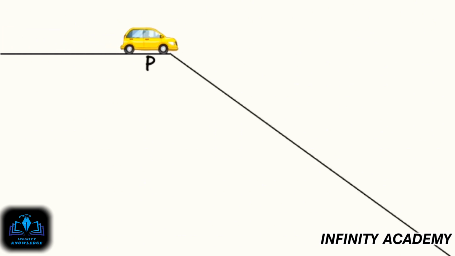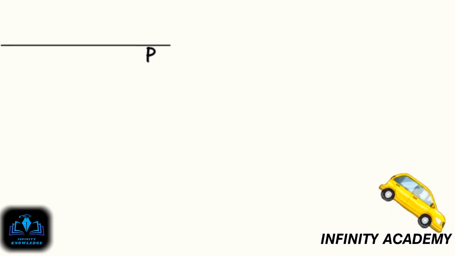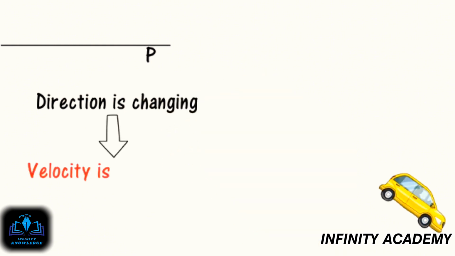Now let a car be moving to a point P in one direction, and then beyond P it is moving in another direction, then we will say direction is changing. So velocity is non-uniform.